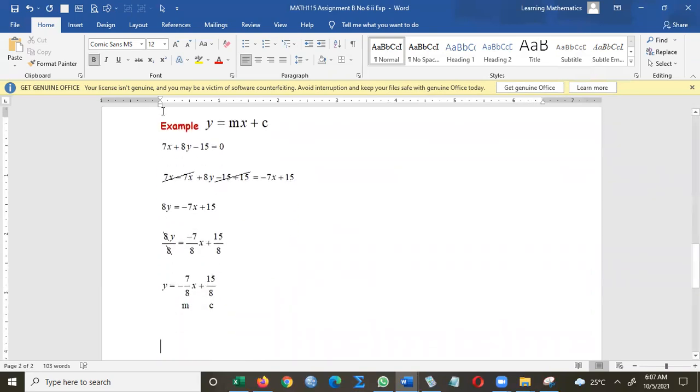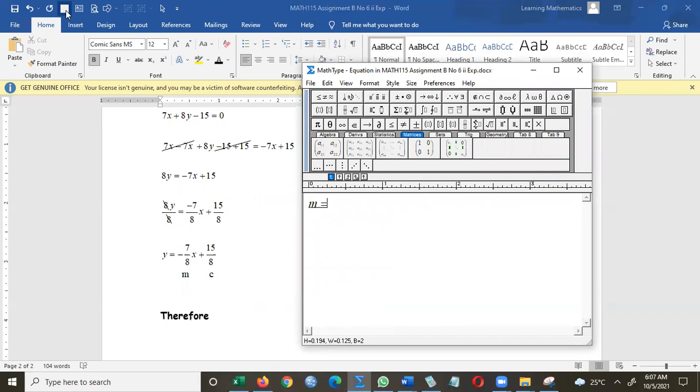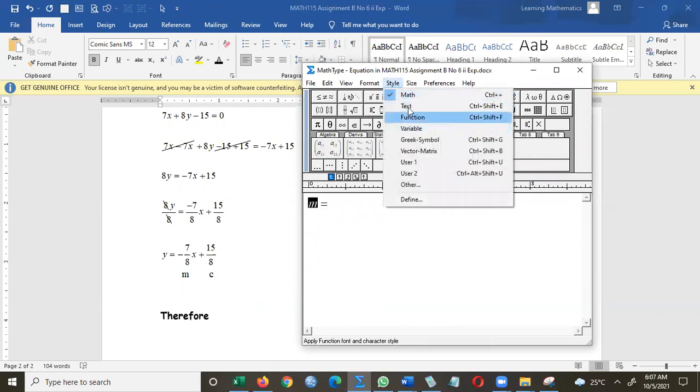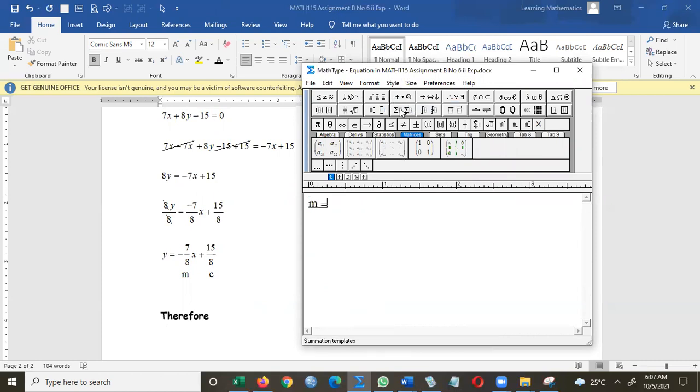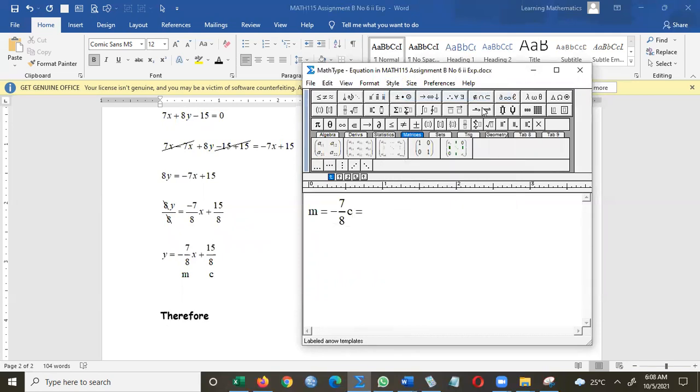Right, so therefore, m is equal to negative 7 over 8. And c is equal to 15 over 8. In that example.